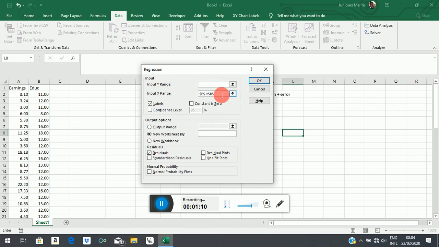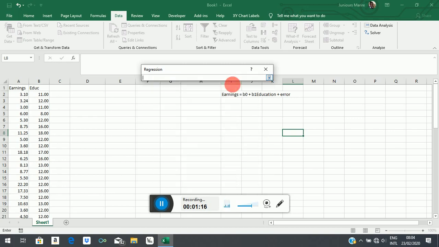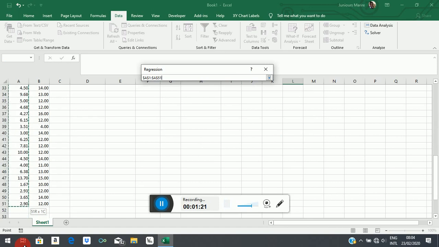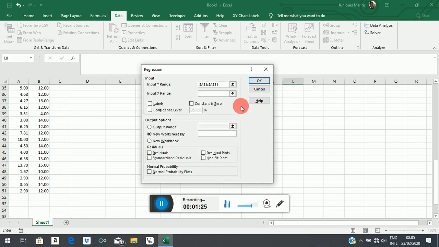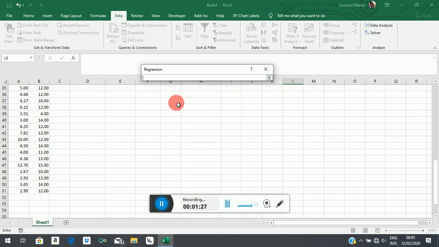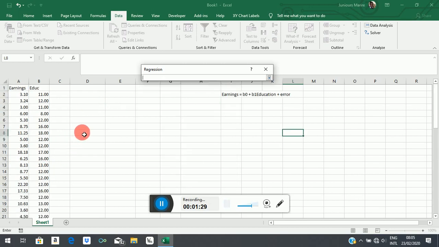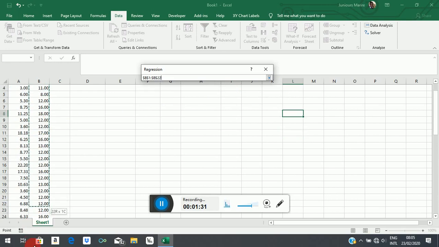Let me remove everything that is here. Okay, so we pick our Y values, which is your earnings, then you come here and pick your X, which is your education.